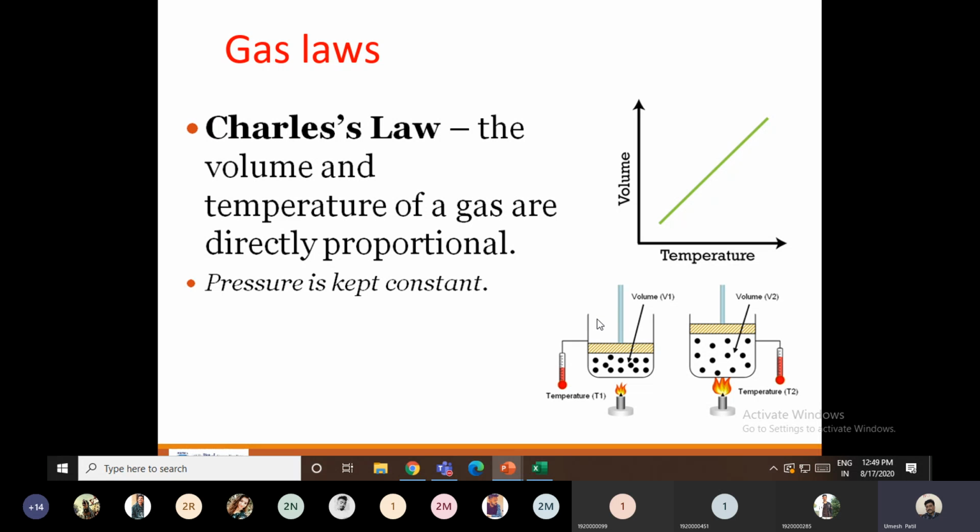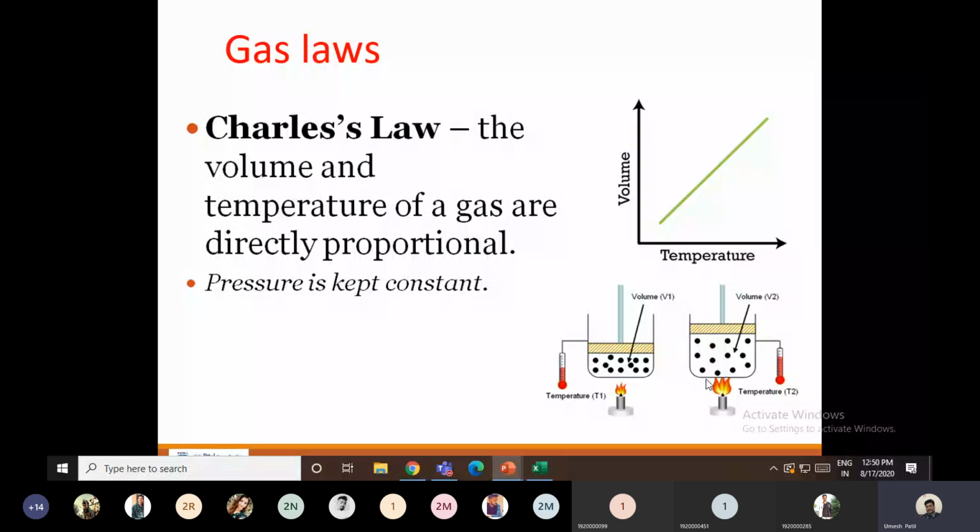Again, take the same example: a gas inside a container. That container is fitted with a frictionless piston, and we start heating that gas. Before starting heating, suppose T1 is the temperature of the gas and V1 is the volume of the gas. As soon as the flame is ignited, the gas will start to get heat.